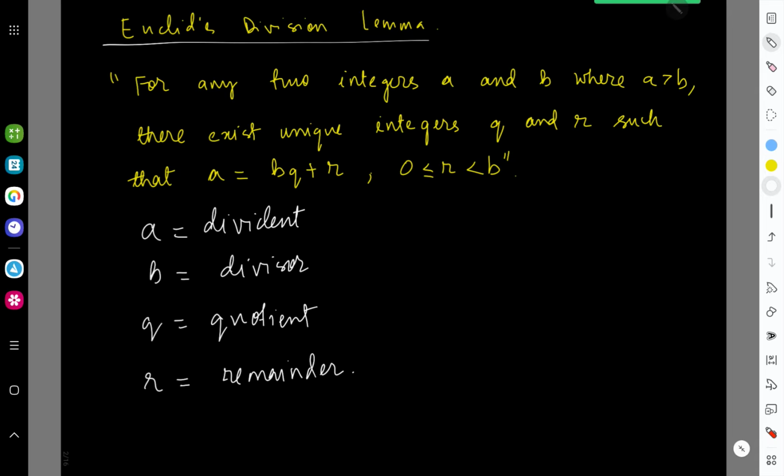Now, I would like to point out three important things from the statement. The first is a should be greater than b. That means the number that you will be considering dividend should be the greater number. The second thing is the expression where it says dividend is equal to bq plus r.